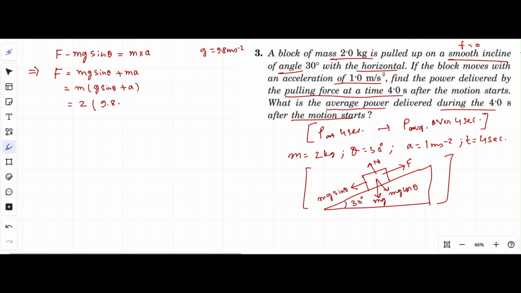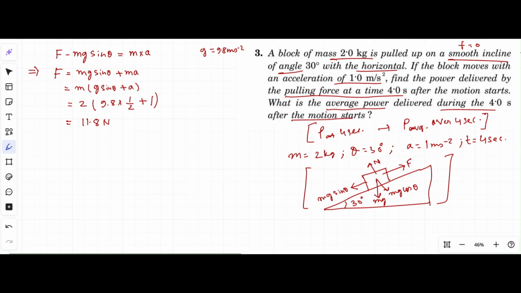Here 9.8 into sin theta. Sin theta is sin 30, which is 1 by 2. And add it with the acceleration, which is 1 meter per second square. So this whole thing comes as 11.8 Newton. So the force with which the block is being pulled up is 11.8 Newton.